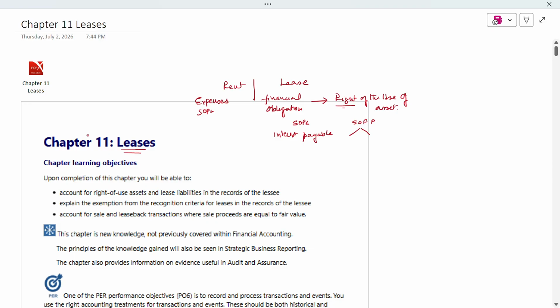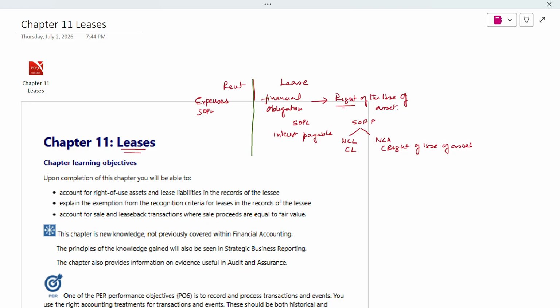Plus, if it is more than 1 year, we will show it as a non-current liability, as a current liability, as well as a non-current asset, as a right of use of asset. This is the most important basic difference.